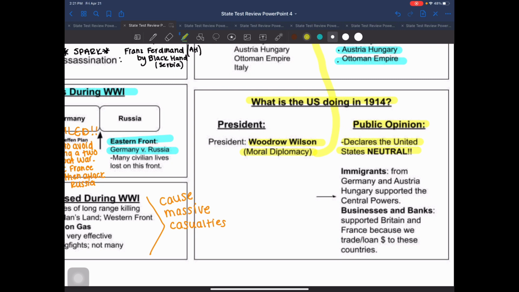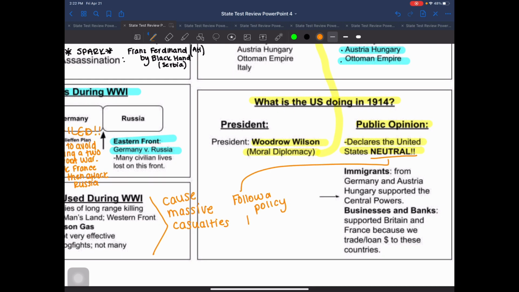We are not going to side with the Allied powers, nor are we going to side with the Central Powers. The reason we do this, and please write this, the reason we declare ourselves neutral, okay, I'm going to draw a little arrow over here, is because we follow a policy known as, in all capital letters, isolationism.